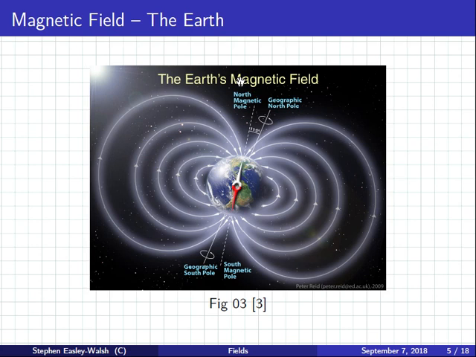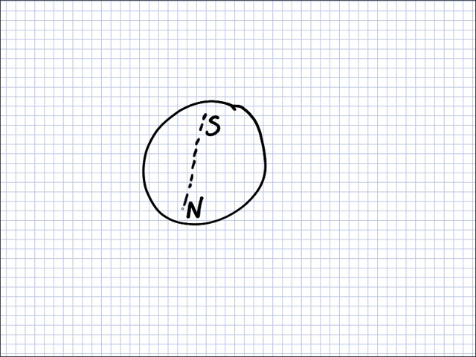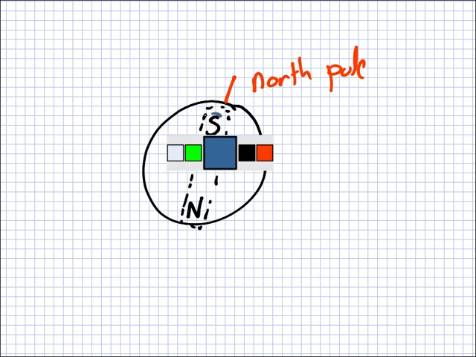the Earth also has a magnetic field around the Earth. And you have to be careful. I know we call this the north, but actually the north of the magnet is down here. It's like this. We call this the North Pole, even though it's the south.